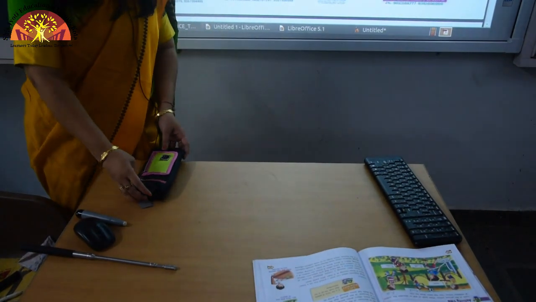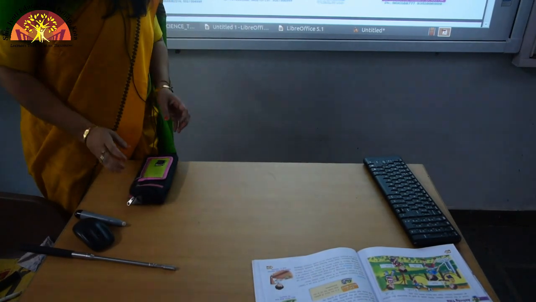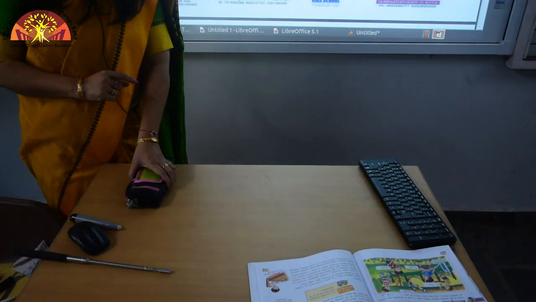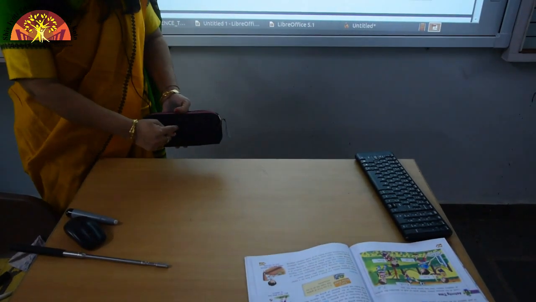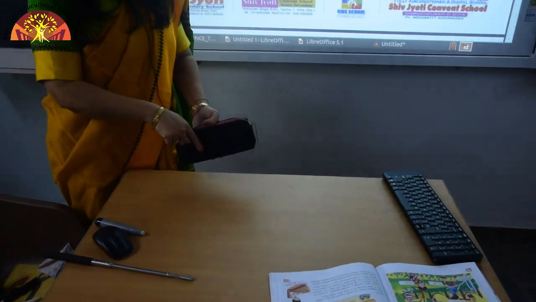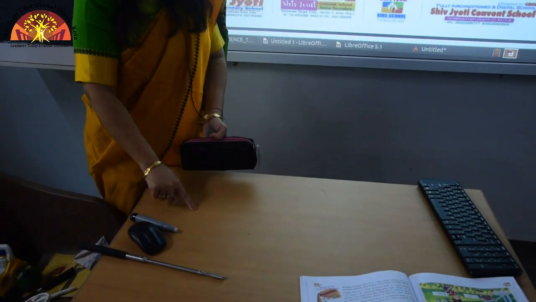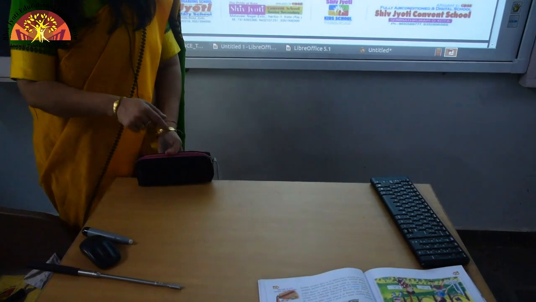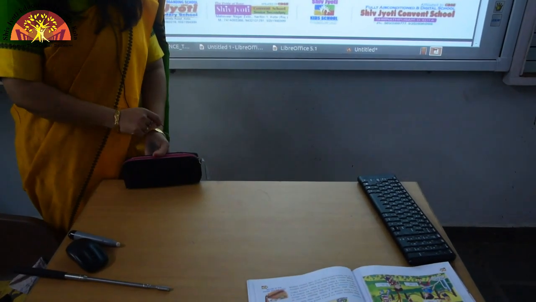So, children, here there is a presence of a force called friction or frictional force which acts between the two surfaces. Now, here one surface is the surface of this pencil box and the other surface is the surface of this table. So, when these two surfaces come in contact, at that time frictional force occurs over here.